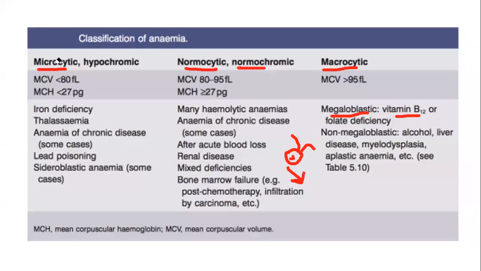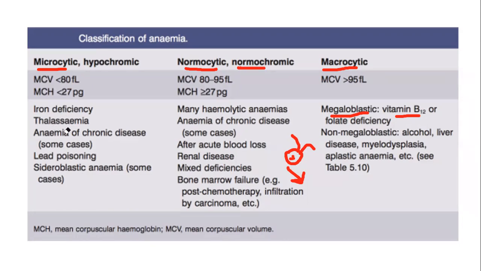Another one is microcytic, meaning smaller, because MCV is less than 80. And also hypochromic, meaning iron is also less. MCV less than 80, MCH less than 27, mean corpuscular hemoglobin also less. The most common cause is iron deficiency anemia, because hypochromic means iron goes down.